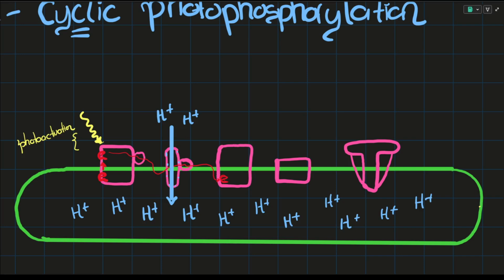This is the diagrammatic, schematic representation that you have to get into your head first, because this is, like I said, not a complicated process, but simply speaking, this is a very chronological process. You have to know specifically what's happening at what order. So here, the electron is excited, energy is transferred, H plus ions are pumped like so, and the electron's ultimate fate is right here. What has the electron ended up in? That is another photosystem.